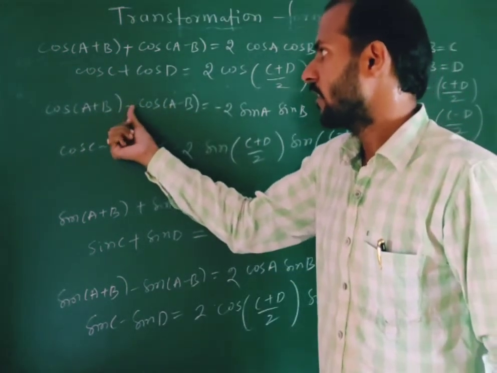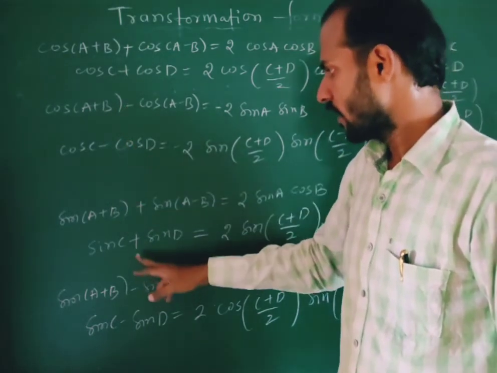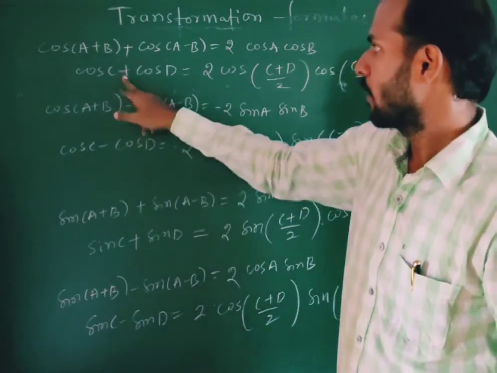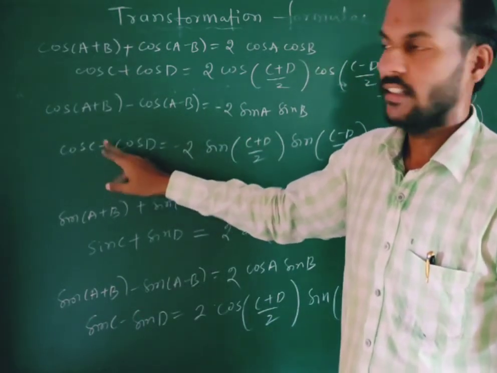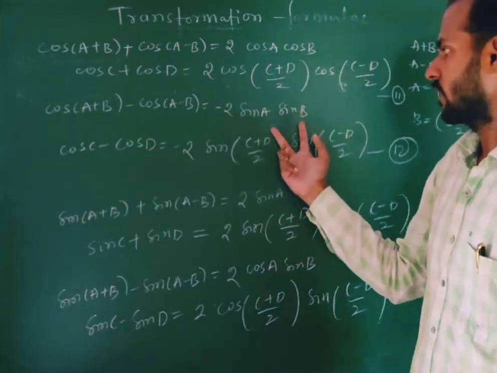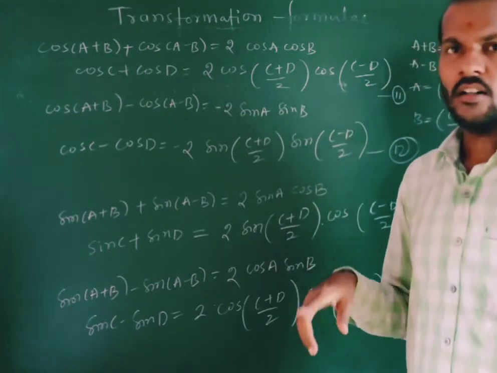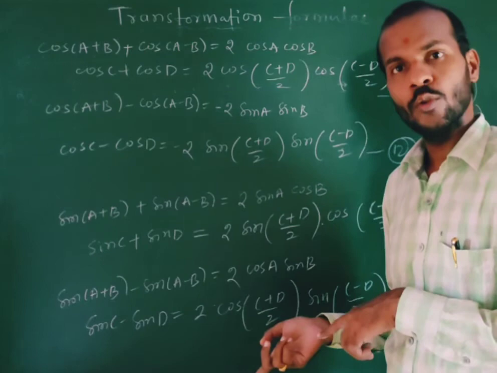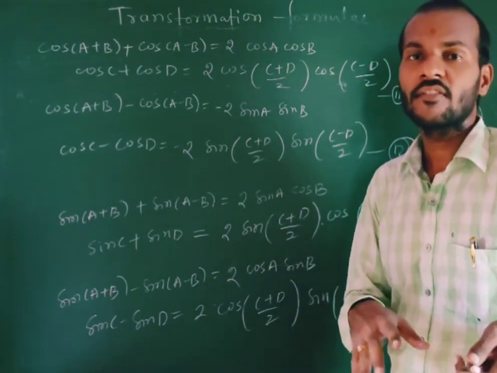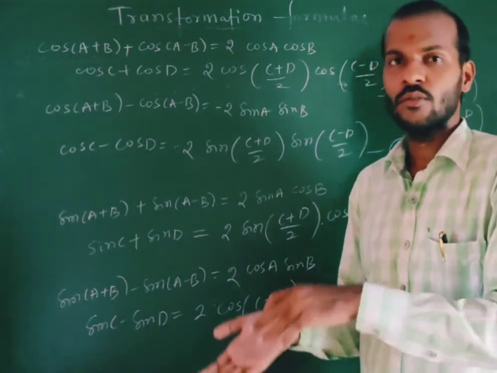sum or difference to product. See here, sum or difference to product we are converting, or we are transforming the equation from product to sum or difference, or sum or difference to product.